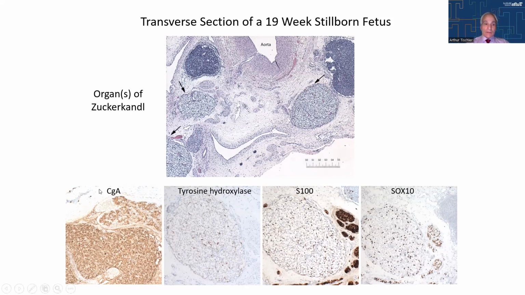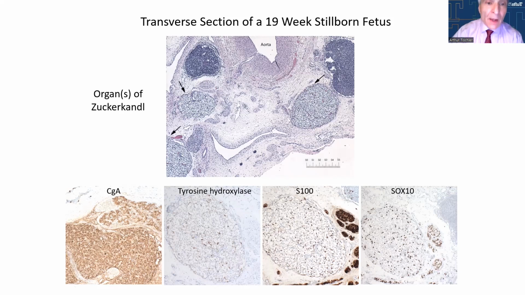Normal paraganglia, as well as their neoplastic counterparts, express well-known markers that we're all familiar with, including chromogranin A and tyrosine hydroxylase. The sustentacular cells, which retain many of the properties of Schwann cell precursors, although they may not be precursors of anything in the adult, express S100 and SOX10 and can be identified using those markers.